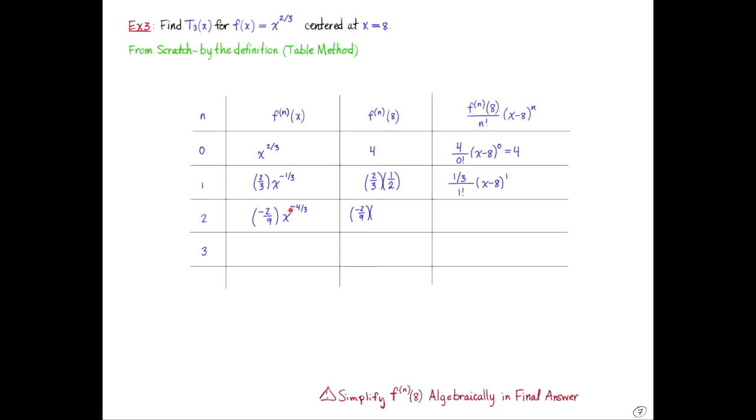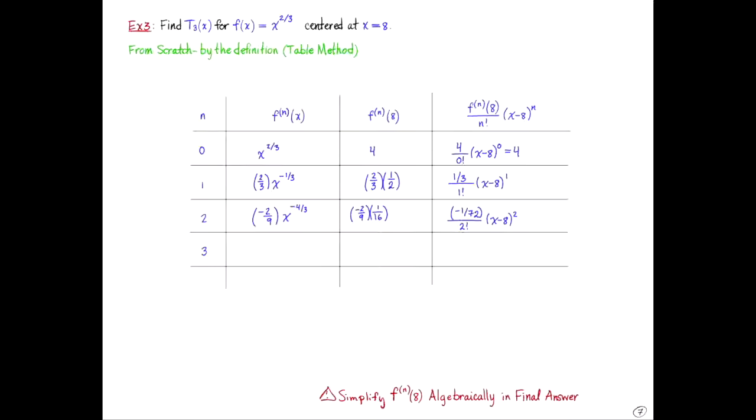Because we have a negative in the exponent, that means our 16 has to go in the denominator. Negative 2/9 times 1 over 16. 2 goes into 16 8 times. 8 times 9 is 72. So that simplifies to negative 1 over 72 over 2 factorial times x minus 8, quantity squared.